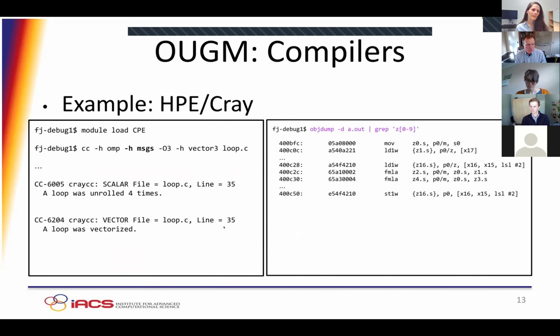For the Cray compilers, you load up the latest Cray environment, and you can see here that the flags look completely different. And here I'm also telling the compiler, as well as generating really optimized and vectorized code, to print out messages. And as you can see here, it does loop unrolling.